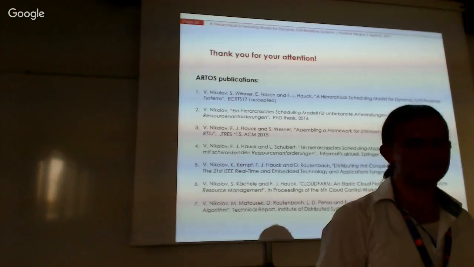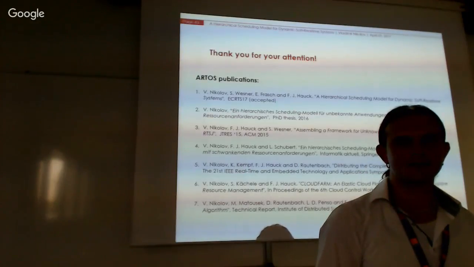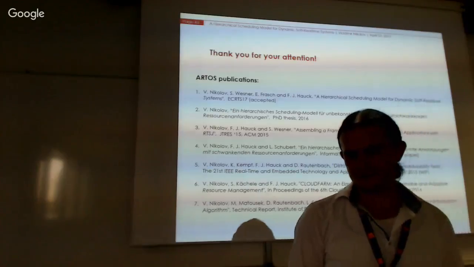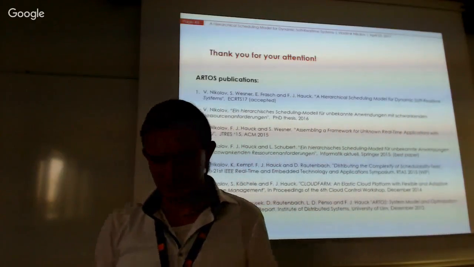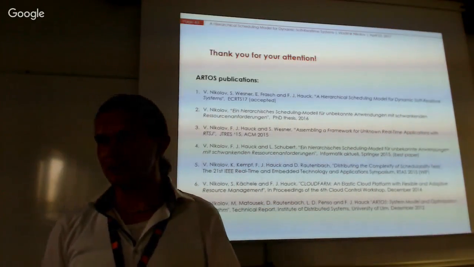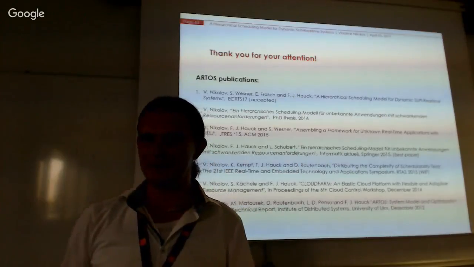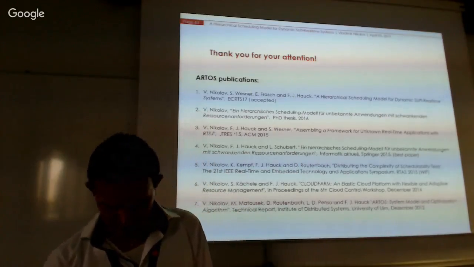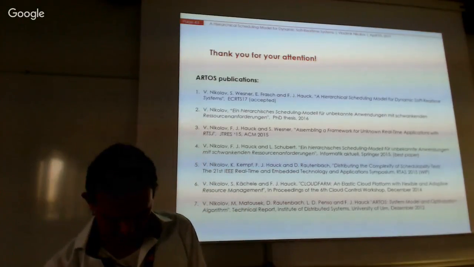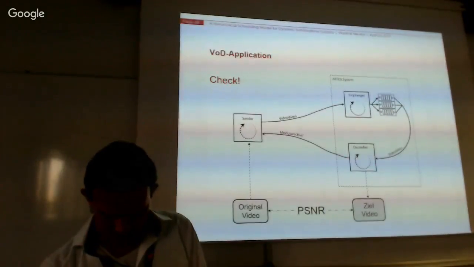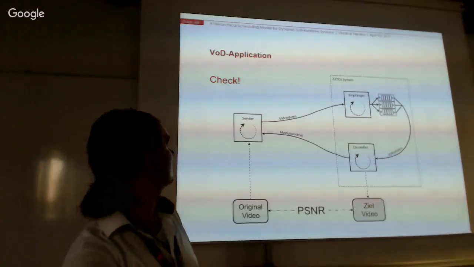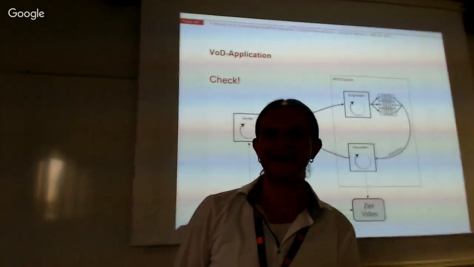Can you mention an example of real applications that are being used or implemented? We had a video on demand example. I think I should have some slides. Very basic. Okay, just don't consider it.